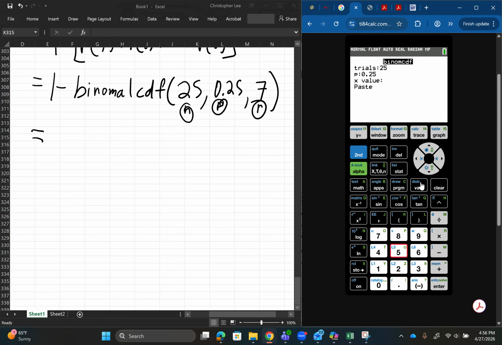Distribution, DISTR. Yeah, then you just go down. If you have the 36X Pro, you're gonna press second data, then you're gonna go across the distribution, then you can go down. And then my X value here, we said was 7. And that's my answer.